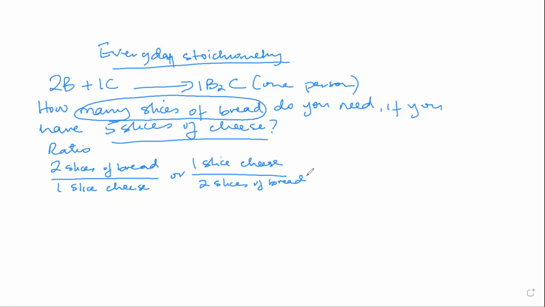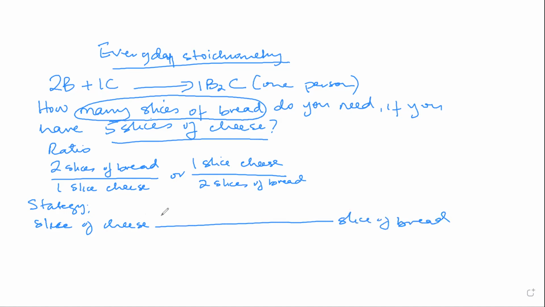Now, we are doing dimensional analysis, we follow the same steps. We are going from slice of cheese to slice of bread, using ratio from the balanced equation. Now, we want to figure out how many slices of bread. So we start with what we know.